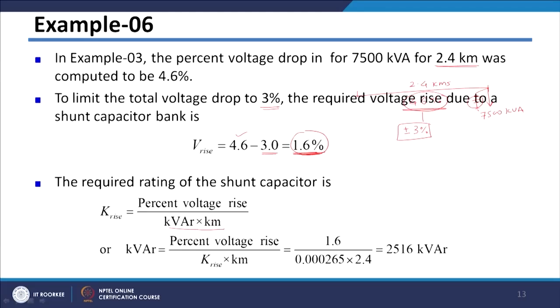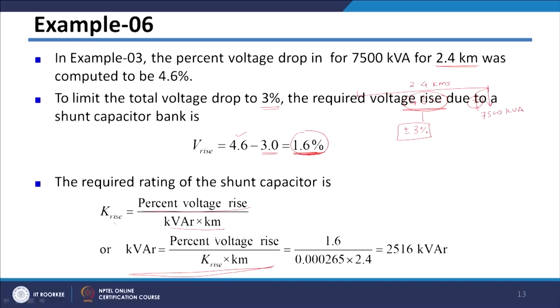divided by kVAR divided by kilometer, and in that case total kVAR we can easily calculate. It will be percent voltage rise divided by your K rise factor multiplied by kilometers. So your kVAR of the capacitor can be easily calculated by this formula, which is percent voltage rise divided by your K rise factor multiplied by your kilometers.